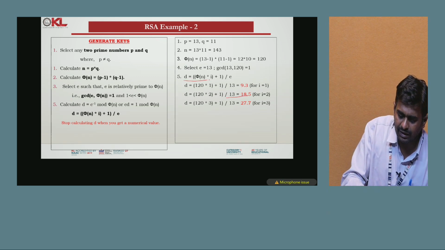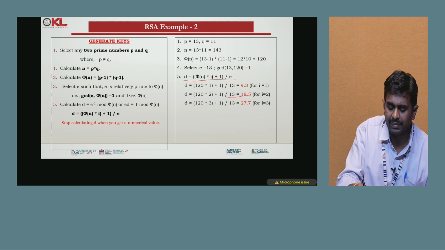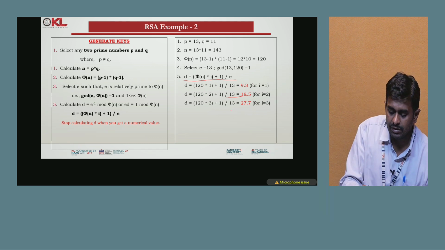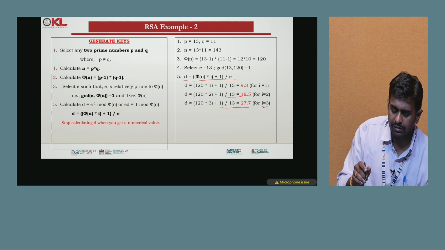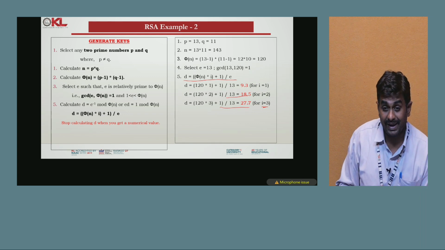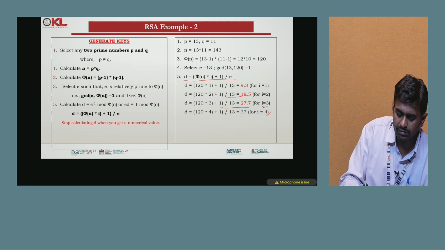This is another way you can calculate this d value: phi of n into i plus 1, divided by the e value. If you select i value equal to 13, then 27.7; there are fractions. If you select i value equal to 4, then we will get 37.